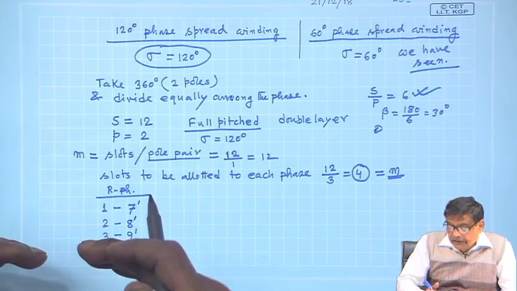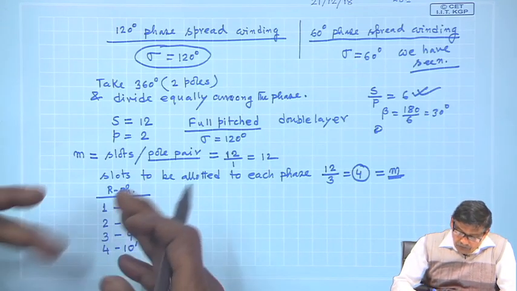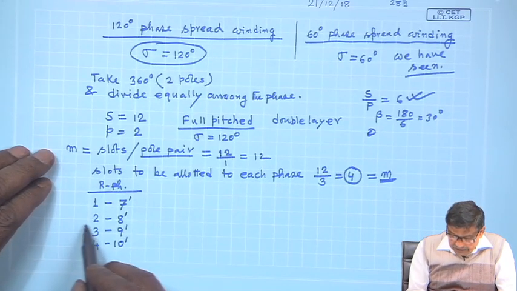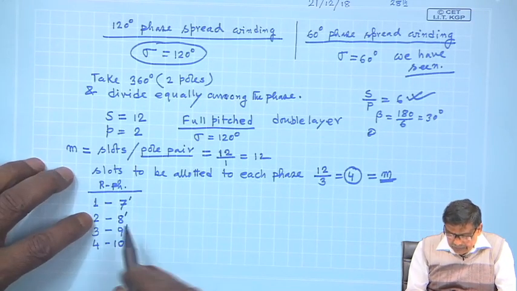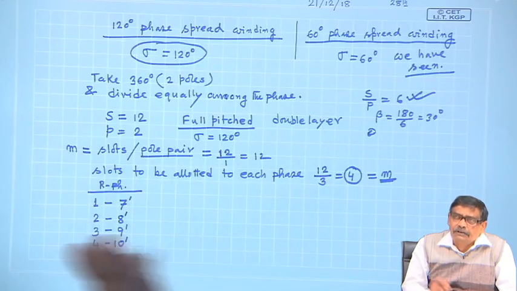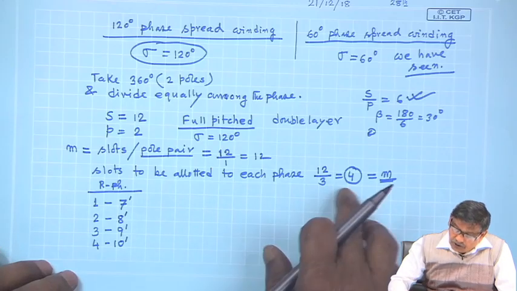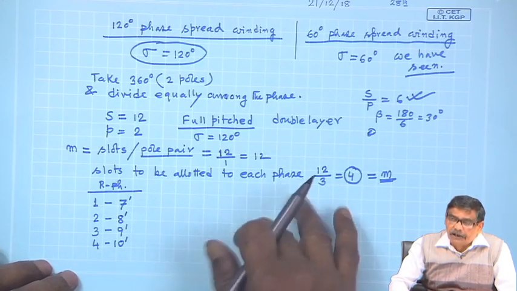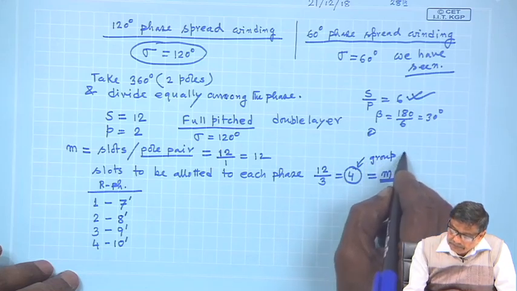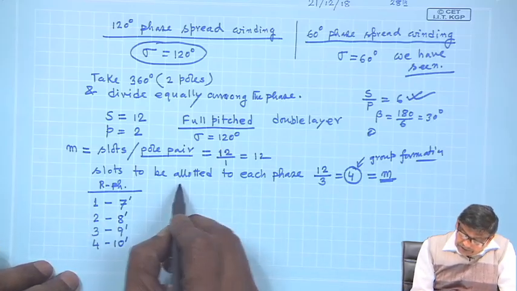So, the group is now 4 in one stroke, nothing like giving a gap, then putting 3 under the south pole, not like that. You go on placing these, because you have been allotted 4 slots for immediate group connection. This is for group formation. It will be clearer. So, this is R phase.